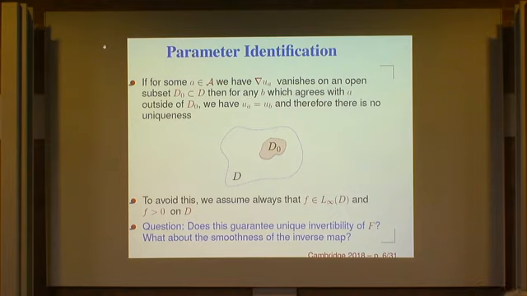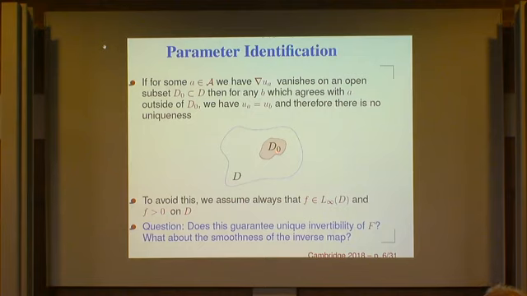And of course you can always construct such functions. Just take the U that vanishes on some set D0 and define the right-hand side F to be the operator applied to that U, then you'll be in a situation in which you don't have uniqueness.